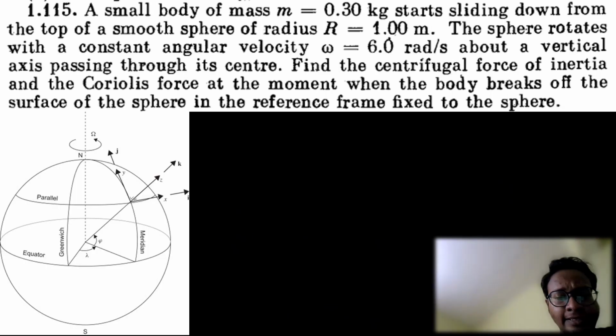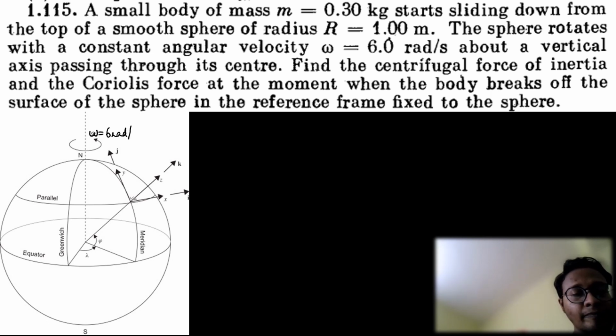Okay. This question is similar to the question we have done on Earth, but instead of Earth, there is a sphere rotating about this axis with angular velocity omega, where omega is equal to 6 radians per second.